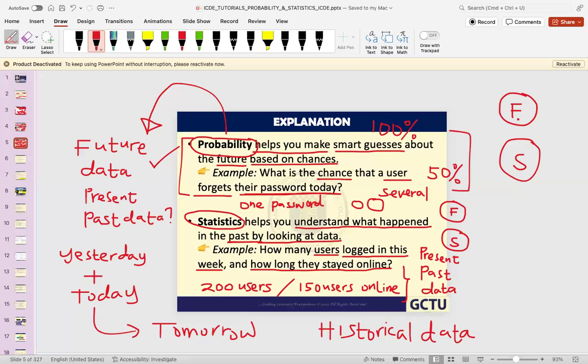What past data do we have? We know that when you throw a coin, either of this will appear. The two of them cannot appear at the same time, but either the first one will appear or the second one will appear. That is called a past data. And the chances for this are 50-50 or 50% for each.